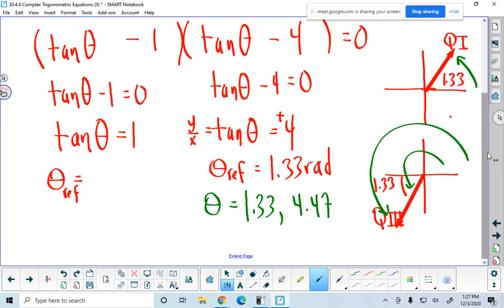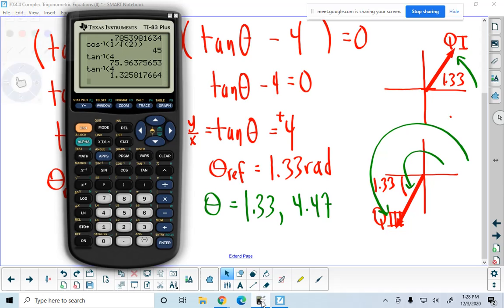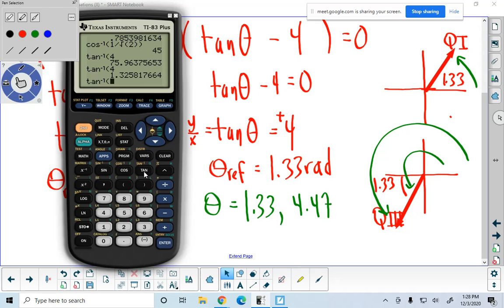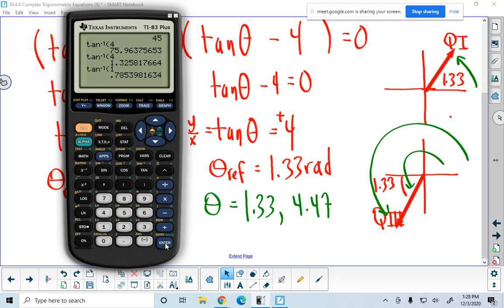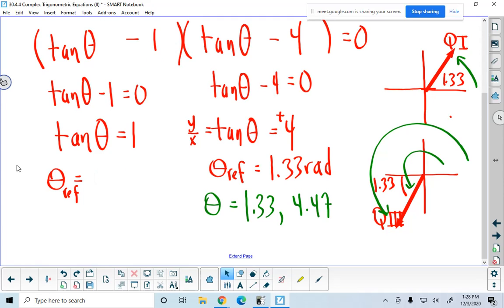Now, if you are in radians, you are going to get, I think it's 0.57 something, but let's find out. Inverse tan of 1, well, 0.78, that was way off. But it turns out that you should know this is pi over 4. This is actually pi over 4.